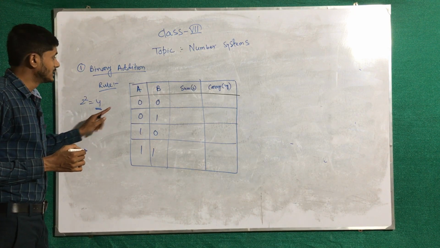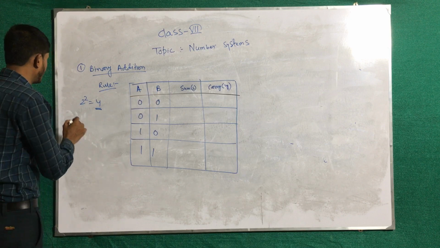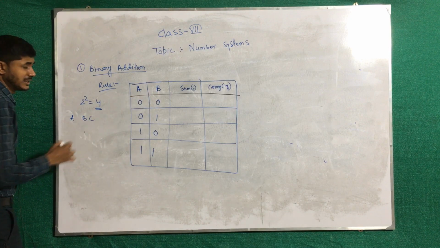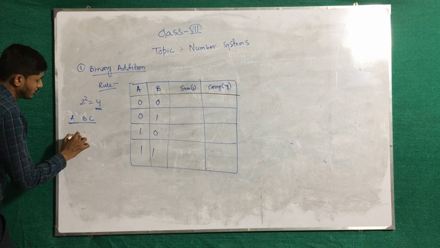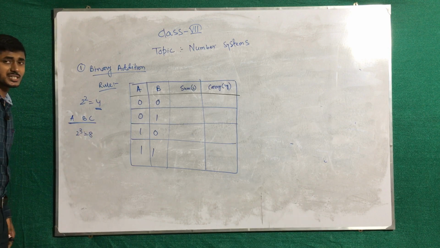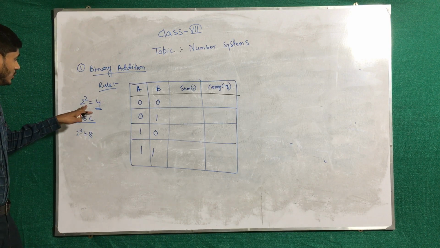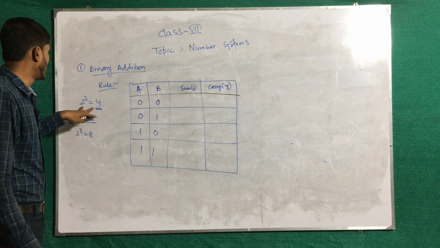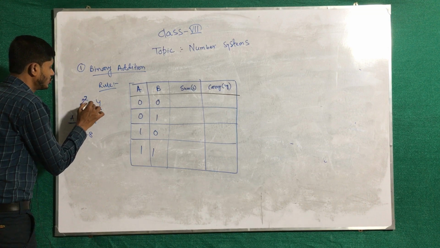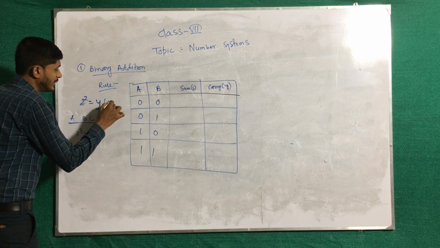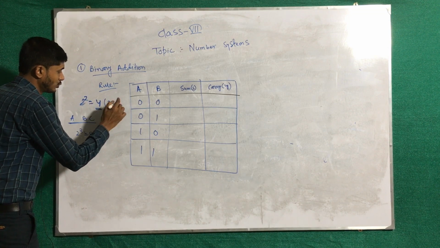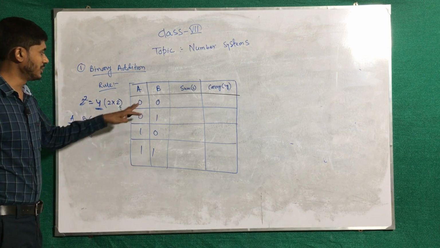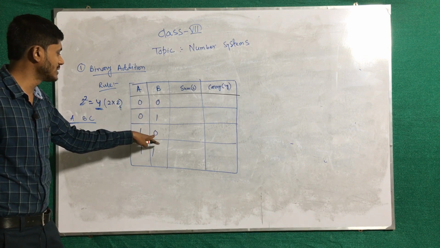Suppose 3 digits are represented, A, B and C. Then the combinations are 2 to the power 3, equal to 8 combinations. Here we will take only 2 digits, A and B. That's why the combinations are 2 to the power 2, that means 2 into 2, that means 4. So the combinations are 0 0, 0 1, 1 0, 1 1.